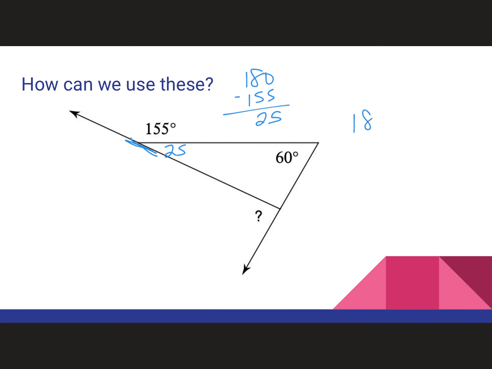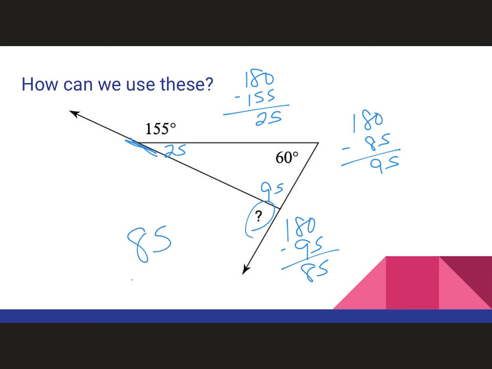So 180 minus 85 gives me 95. So I know this is 95 degrees. And then I want it to equal 180. So this is 180 minus 95 gives me 85. Cool. So this one is 85 degrees. Remember, your goal is to get whatever that question mark is.